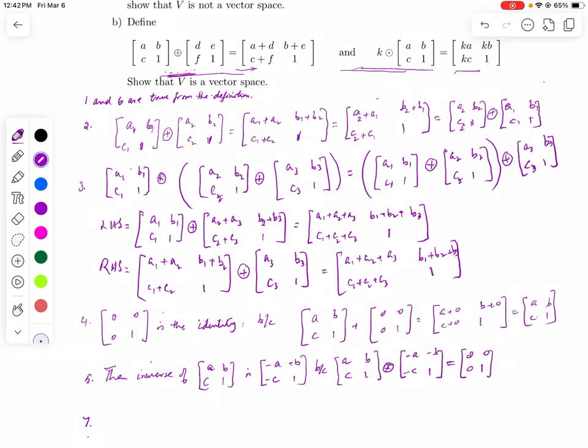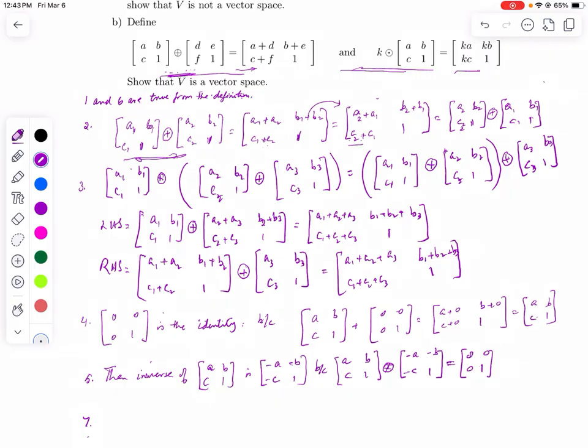Because these are real numbers inside the matrix, a1 plus a2 can be written as a2 plus a1. Similarly, c1 plus c2 can be written as c2 plus c1.